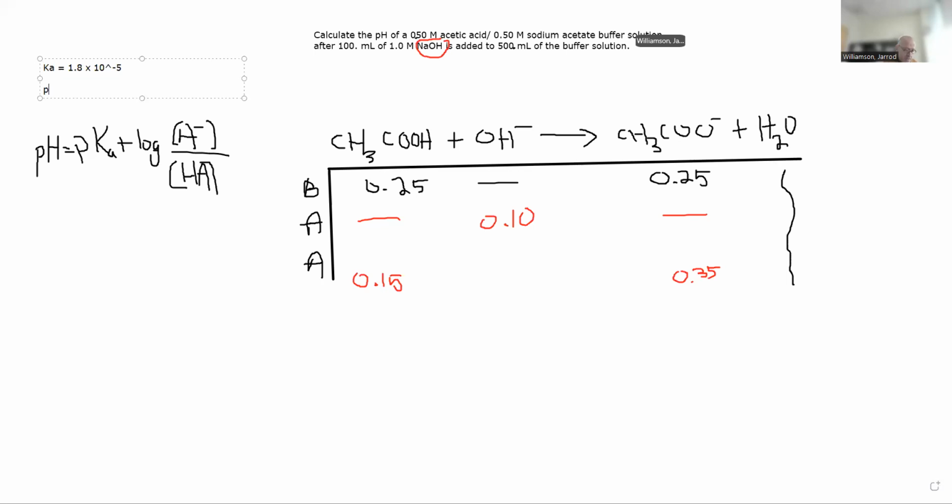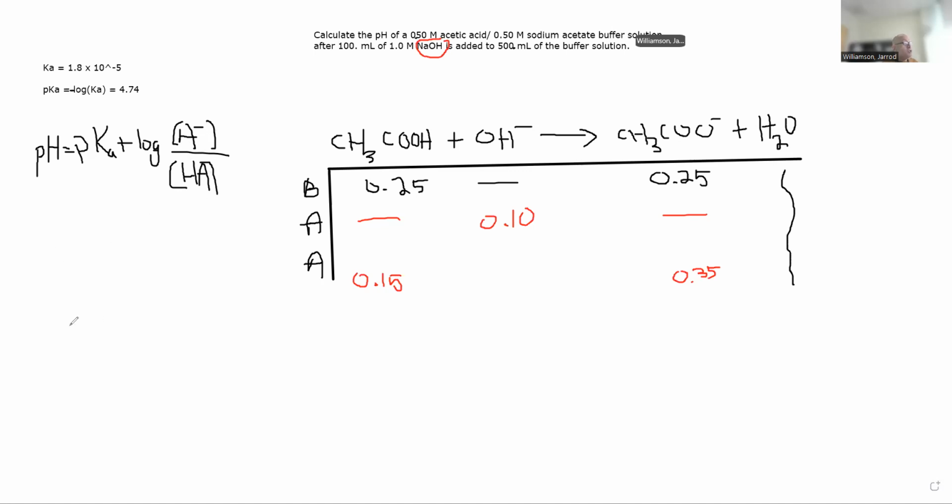That means the pKa is minus the log of the Ka value. And when I do that, I get 4.74. Oh, minus the log. Let me put that minus sign in there. Minus the log. I need this concentration ratio right here.